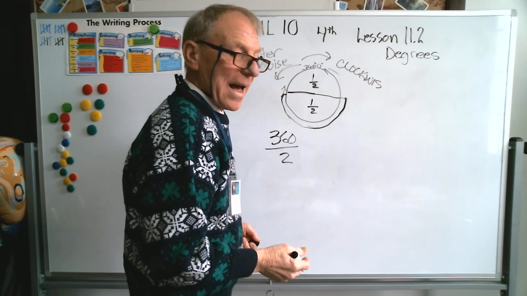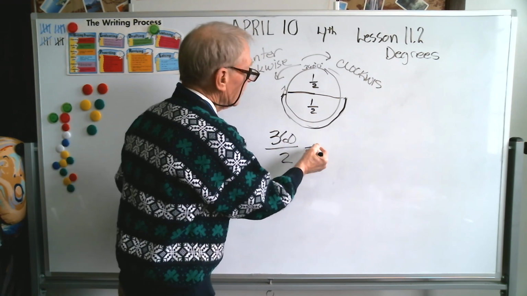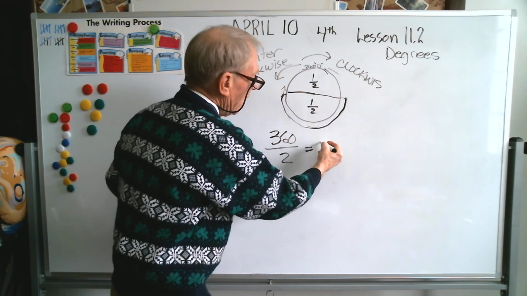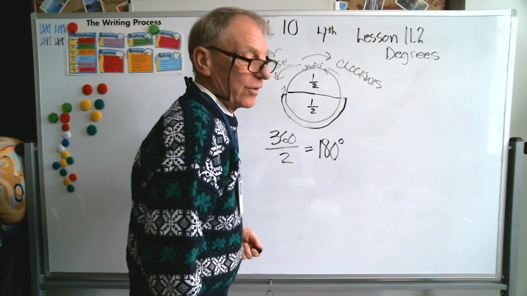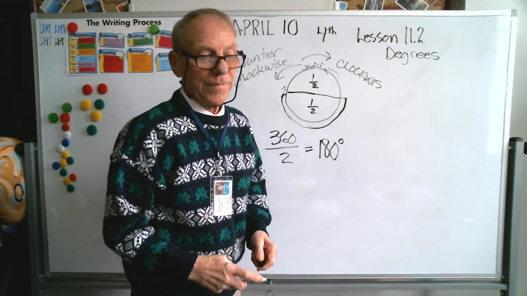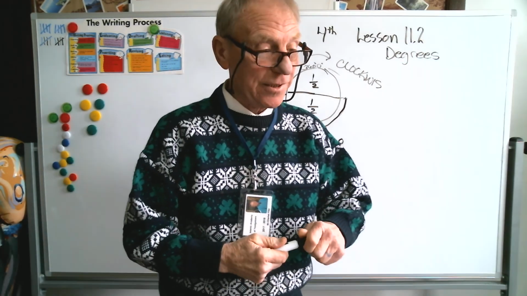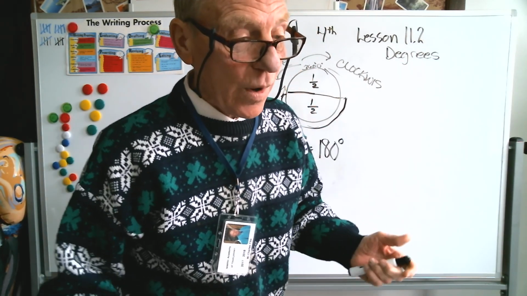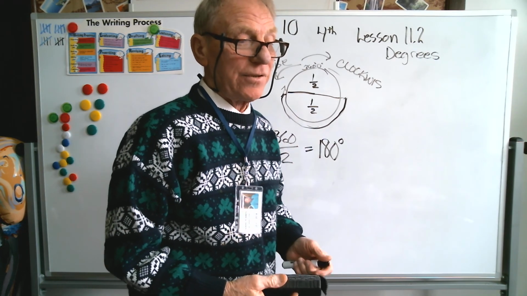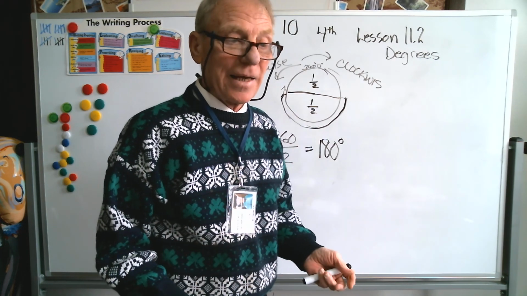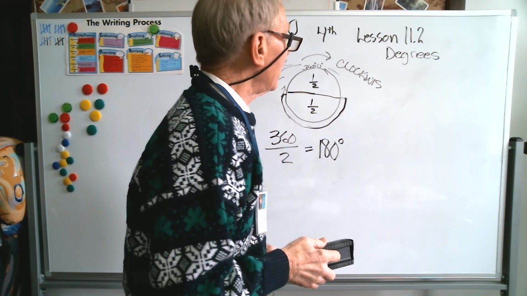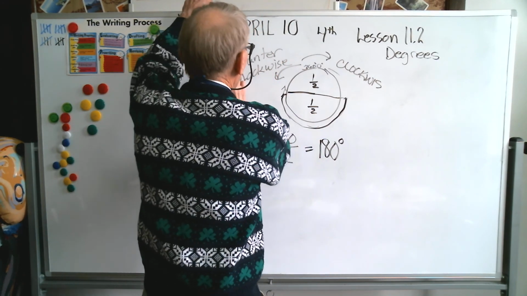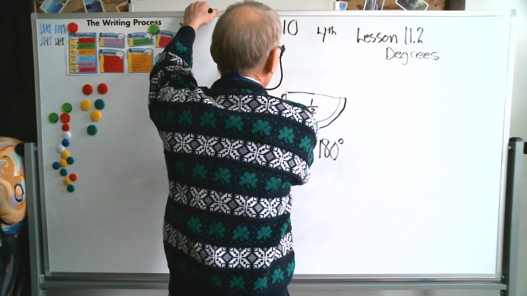We divide it by half, and it tells us that this is 180 degrees. It's half of 360. If it was 1/4 of 360 degrees, it would be 90. And 90 is a special kind of angle. It's called the right angle.